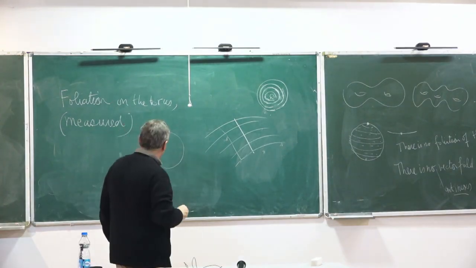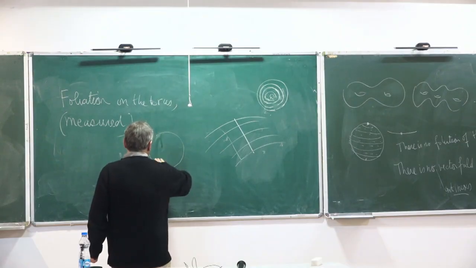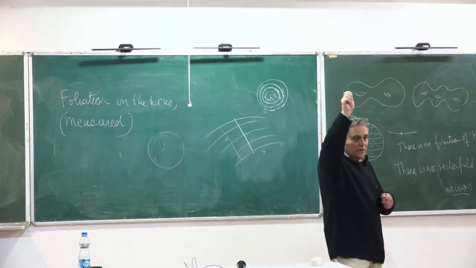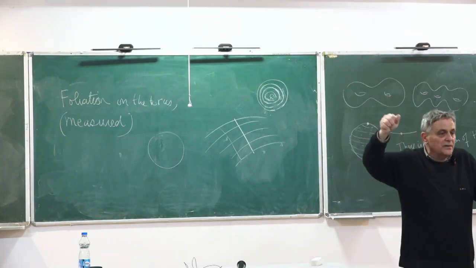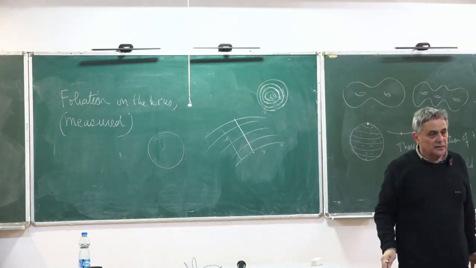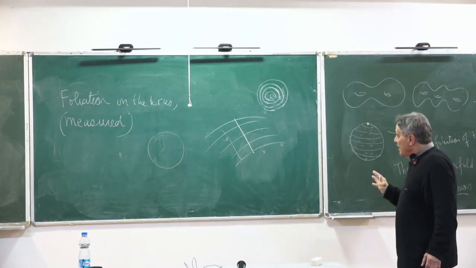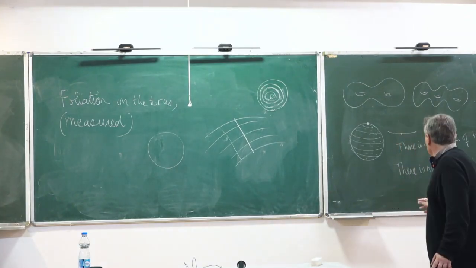If your disk is an open disk, then you can throw the singularities out to the boundary. You don't see the boundary, right? Okay. So I'm talking about compact surfaces here.